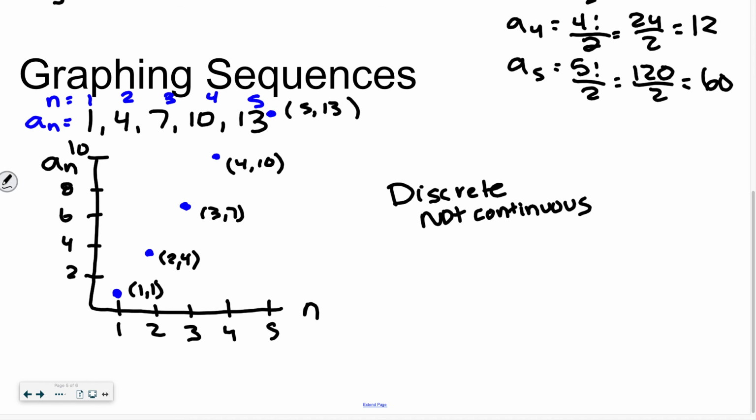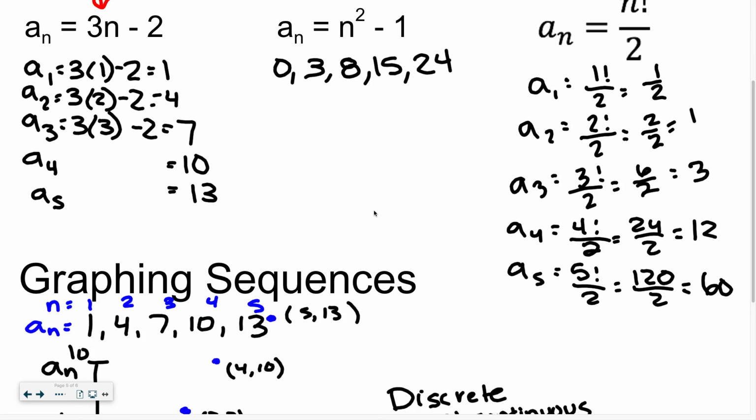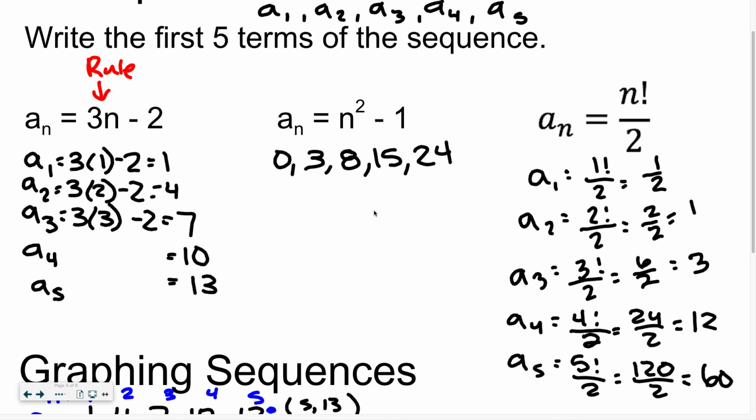So by definition, sequences are discrete. So they'll be unconnected. What do you notice about if you were to connect these dots, what shape would it form? Straight line. This one would be looking like a line. Not all sequences would look like a line, but you're going to be asked questions about graphs of sequences. This one would look like a line. And look at the rule for that one. What does 3n minus 2 look like?